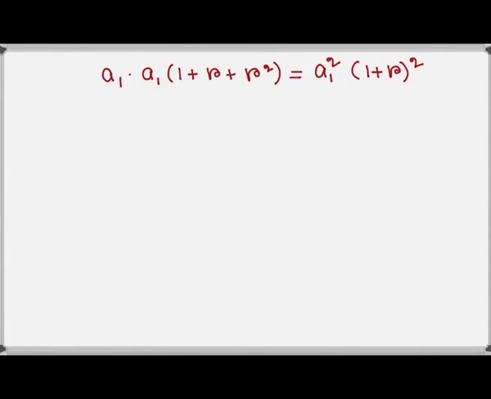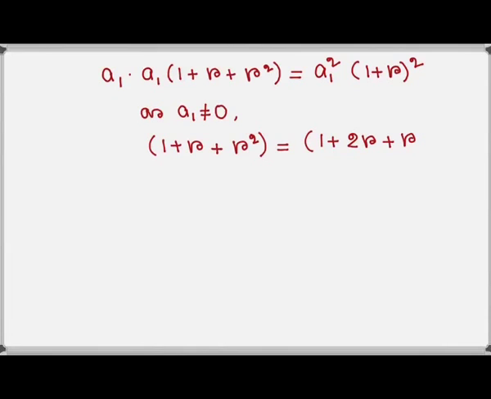Now, as A1 is non-zero, we can cancel A1 from both sides and we get 1 plus R plus R square has to be equal to 1 plus R whole square, that is 1 plus 2R plus R square. Recall that we already got R is not equal to 0.